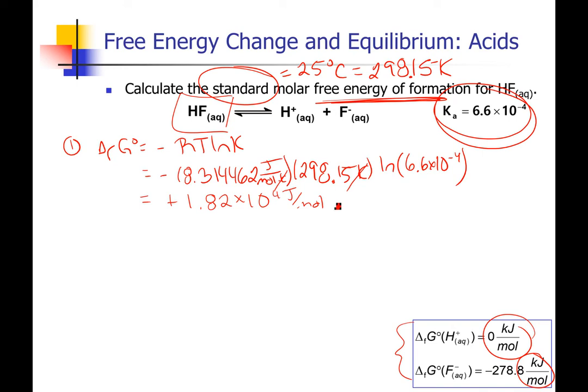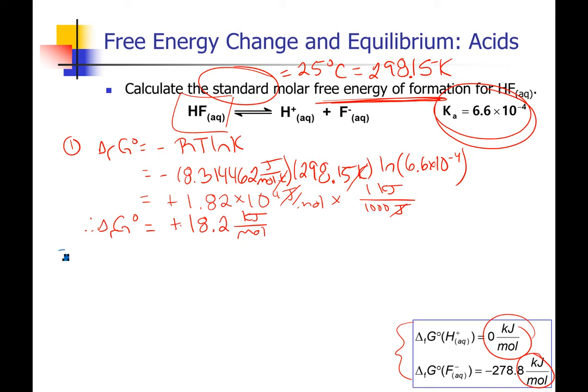And so to do that, we multiply by 1 kilojoule per 1,000 joules, and then the joules cancel, and that gives us a standard free energy change for this reaction of plus 18.2 kilojoules per mole. So that's step 1 finished. Now we move on to step 2.